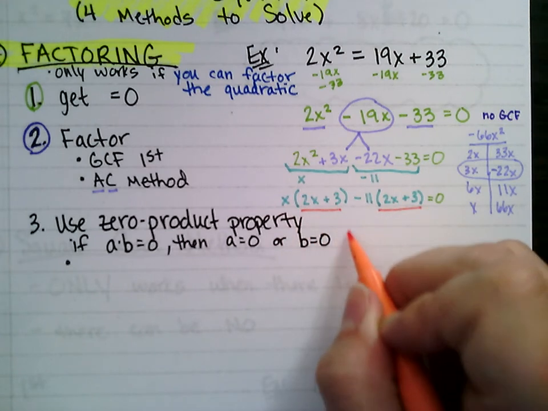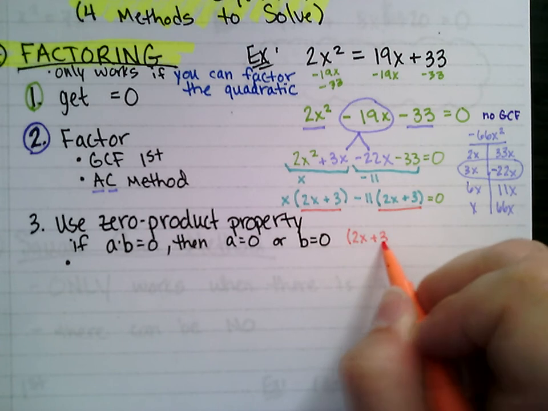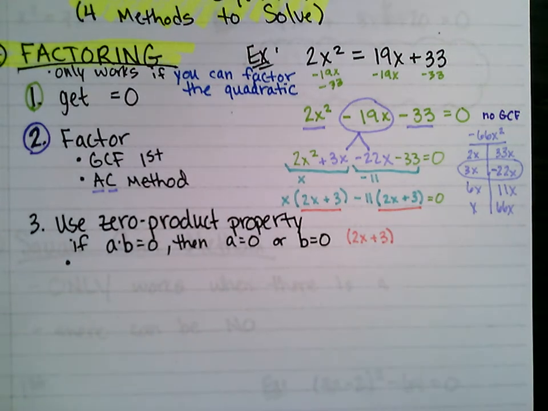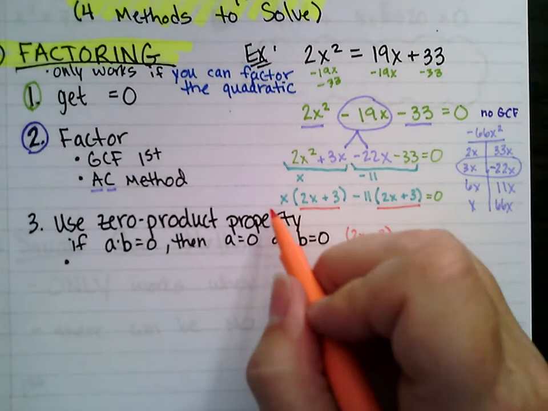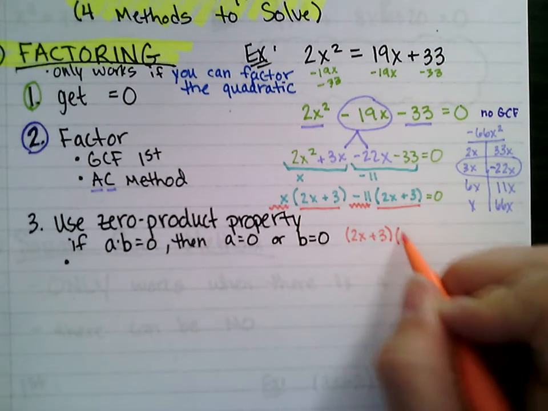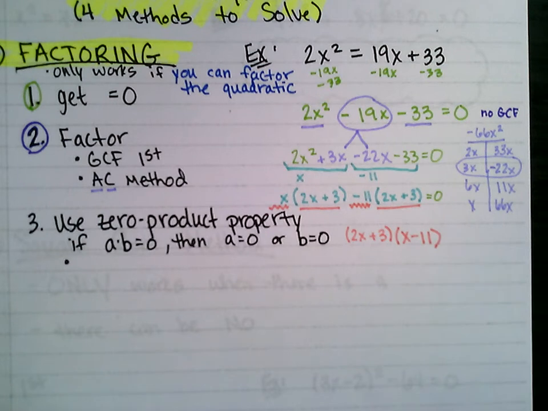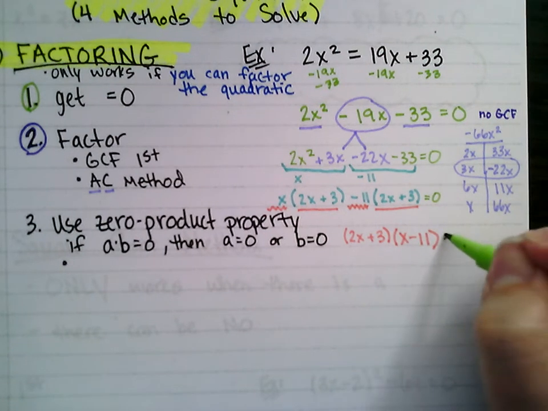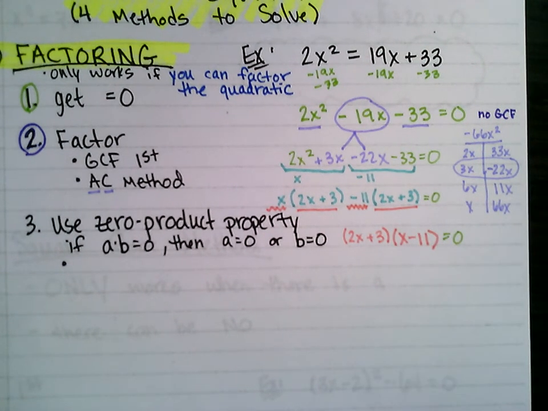So I'll have 2x plus 3 in one parenthesis. And then I take these GCFs that are out in front. That's my other parenthesis, x minus 11. And I still have equals 0. So that's the factoring part.